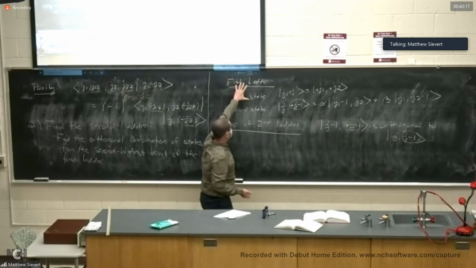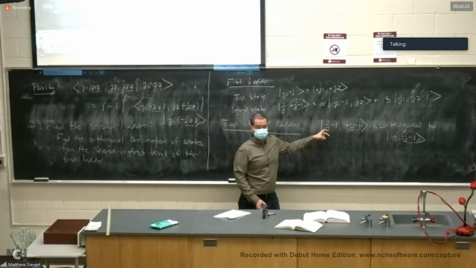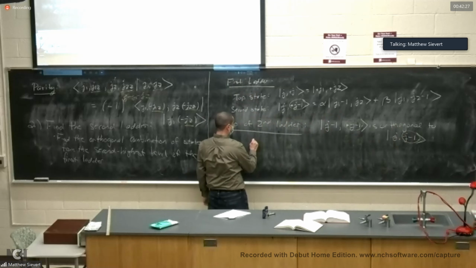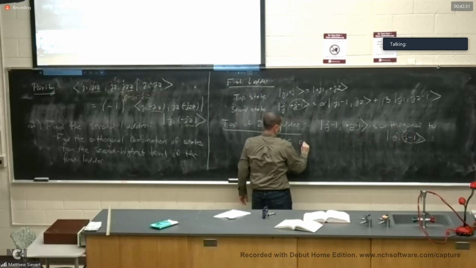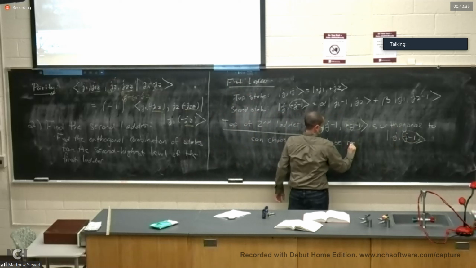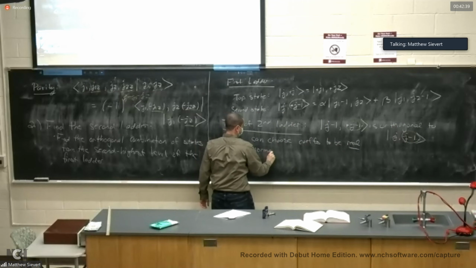So once you have found the first ladder, you can take the orthogonal combination to form the top rung of the second ladder. You have some freedom in the coefficients. You can always choose the coefficients to be real. They must always be normalized to 1.